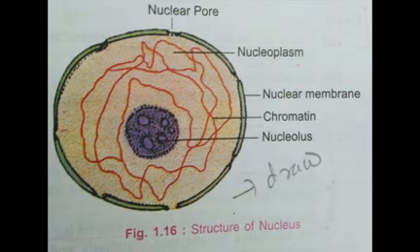The size, shape and number of chromosomes are variable in different organisms. The chromosome number is not definite for all organisms. The chromosome number is constant for a particular species, though it is different in different animals, but for a particular species it is constant.